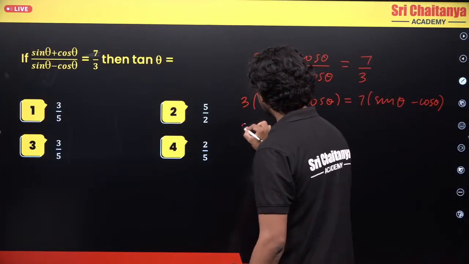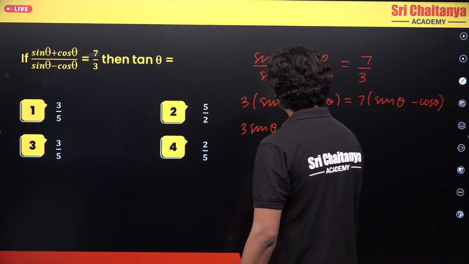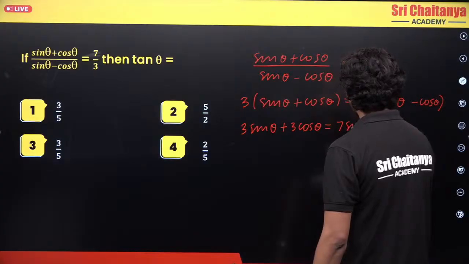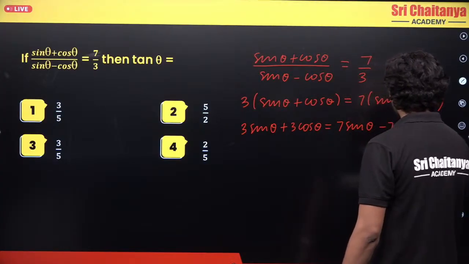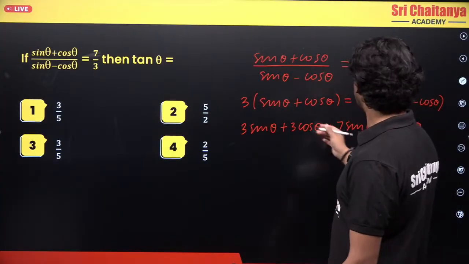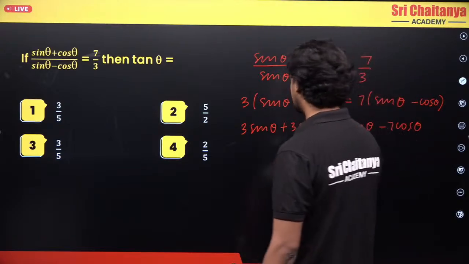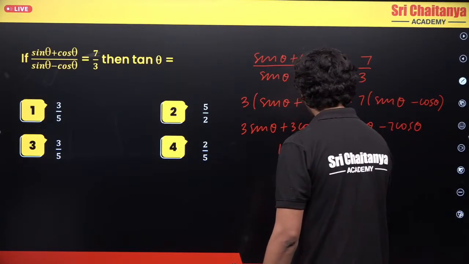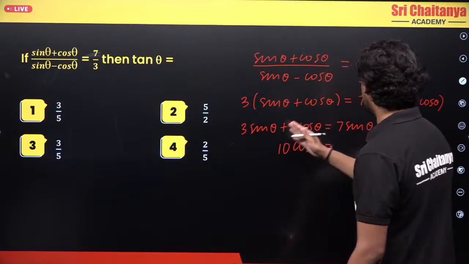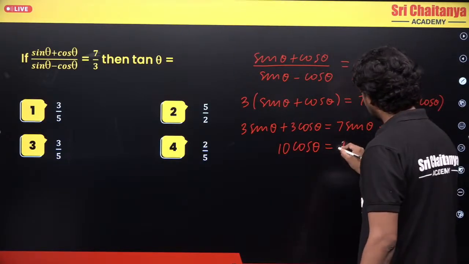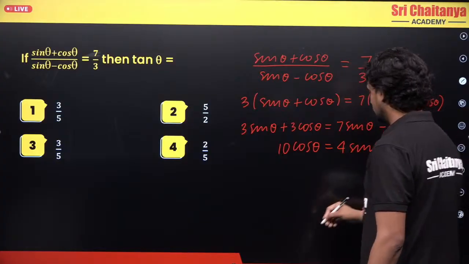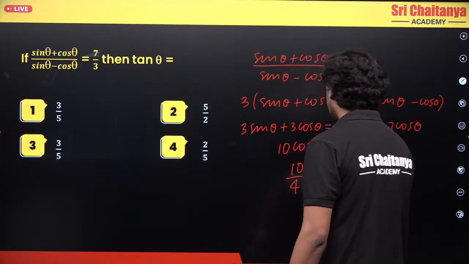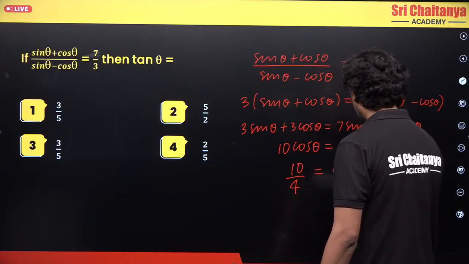Multiplying inside, 3 sine theta plus 3 cos theta is equal to 7 sine theta minus 7 cos theta. This 7 sine theta will come to this side. So 10 cos theta is equal to 7 minus 3, which is 4 sine theta. So I get 10 upon 4 is equal to tan theta.